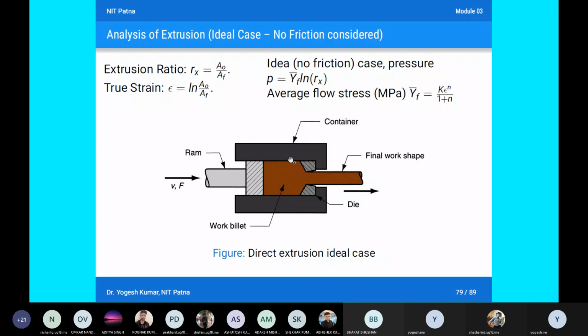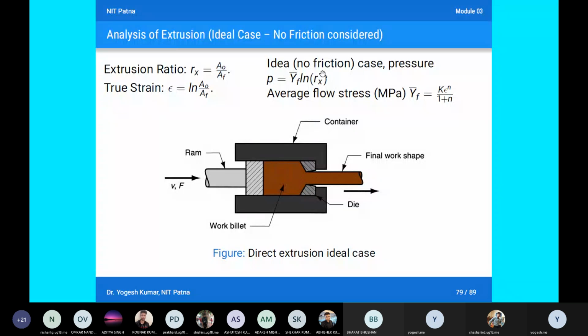Then the pressure generated inside your work billet is calculated as P equal to YF natural log of Rx, or you can say YF into epsilon, because natural log of Rx is equal to true strain.